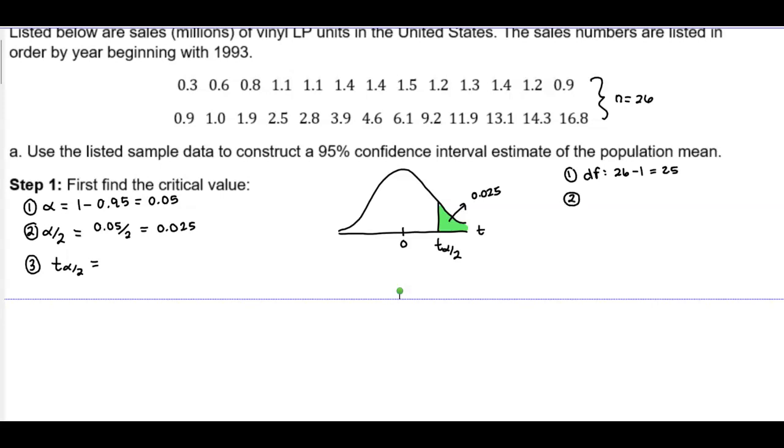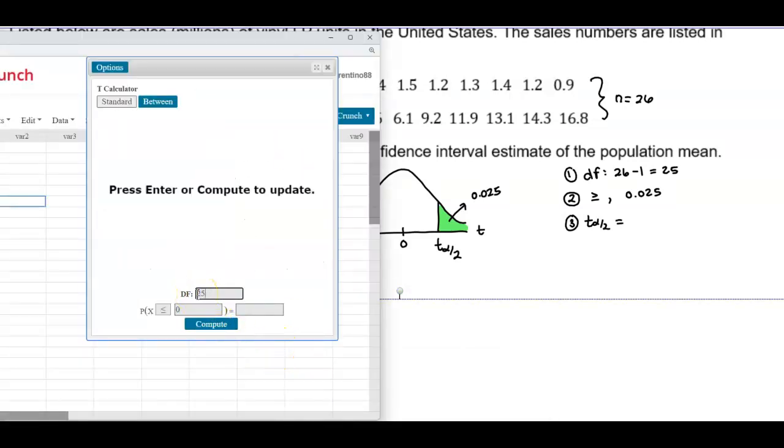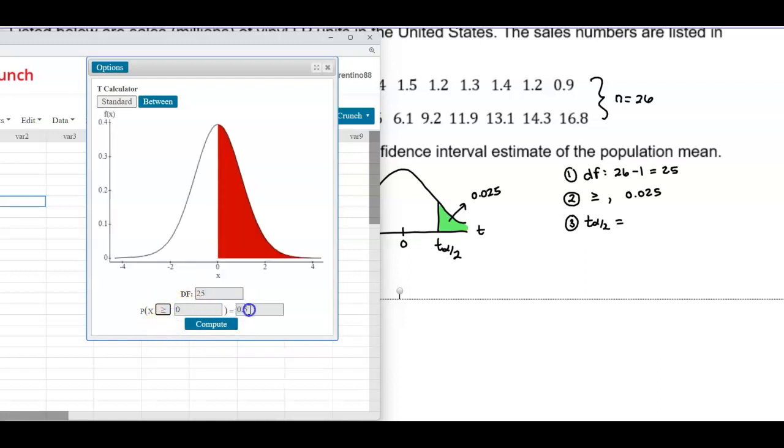Okay, and then we want the area to the right, so we want greater than or equal to, and we're using 0.025 to determine the critical value. So here we're putting in the degrees of freedom to be 25. We want to make sure it's greater than or equal to, and we're putting in the area, 0.025, so that we can find the critical value.